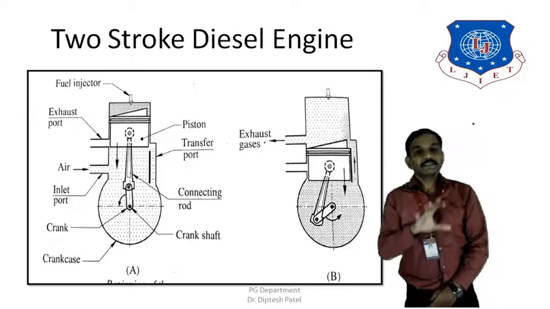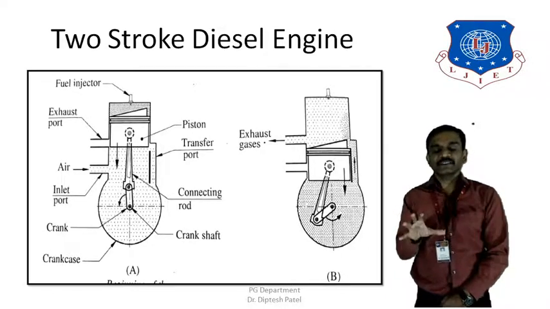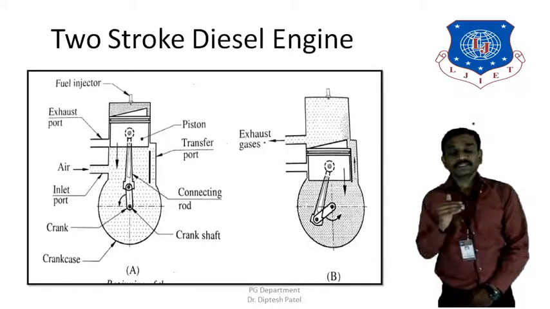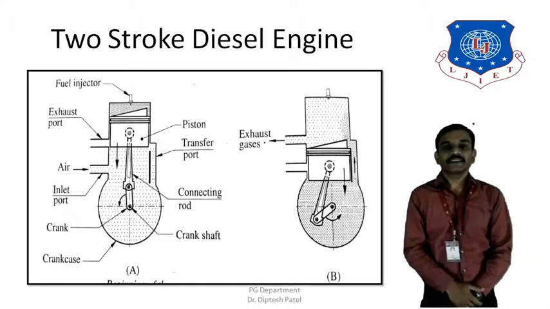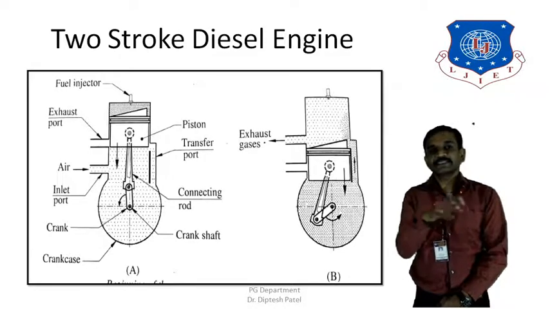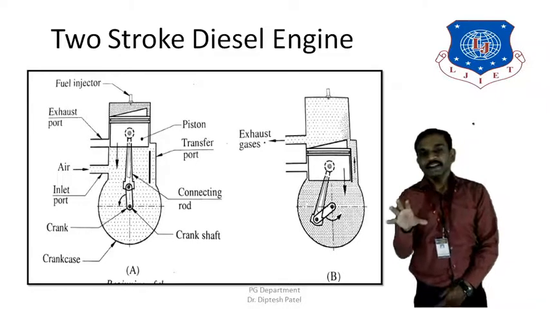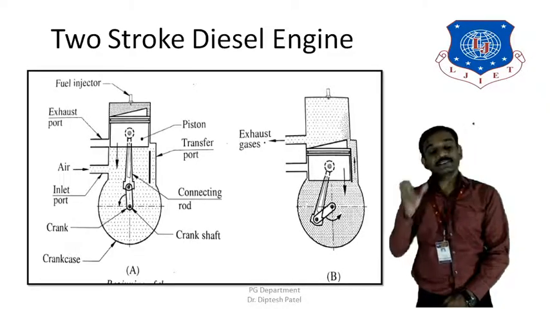The second type is a two-stroke diesel engine. Again, here all four processes: suction, compression, expansion or power, and the exhaust. All four processes are completed in a two-stroke, and that's why it is known as the two-stroke cycle. It works completely the same as the two-stroke petrol engine, but the slight difference is that we do not require any spark plug to start ignition in the cylinder.